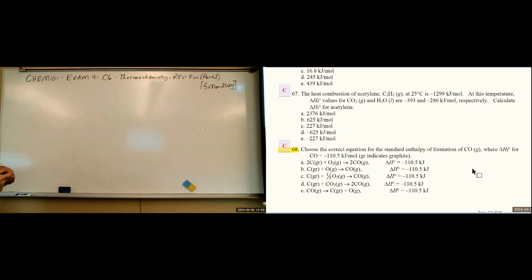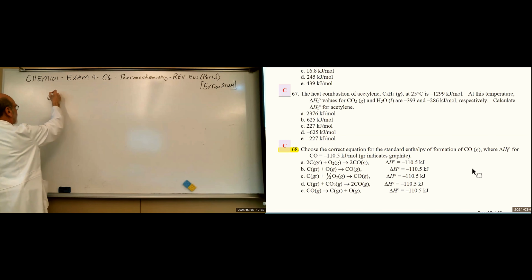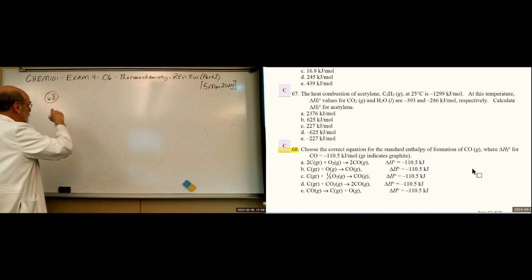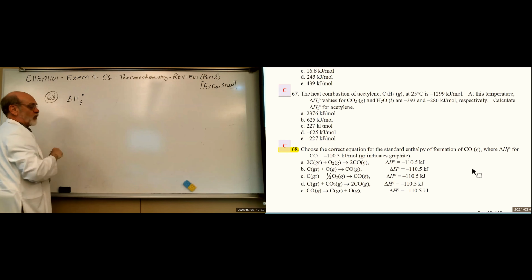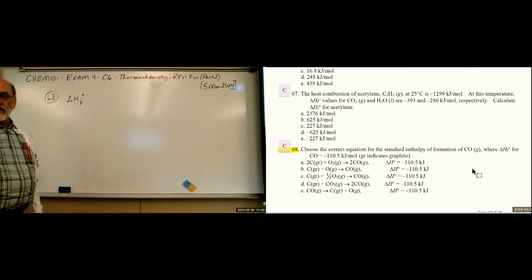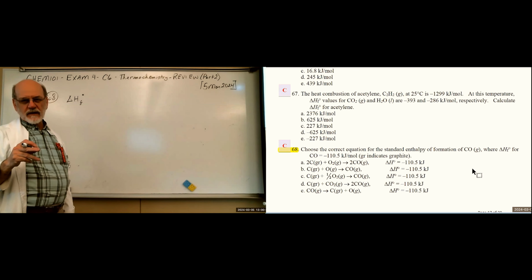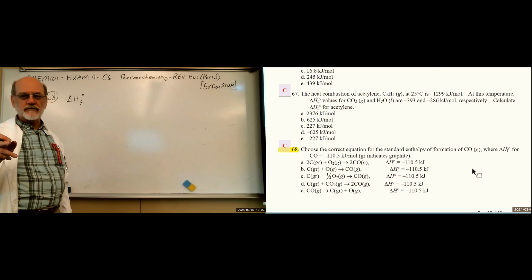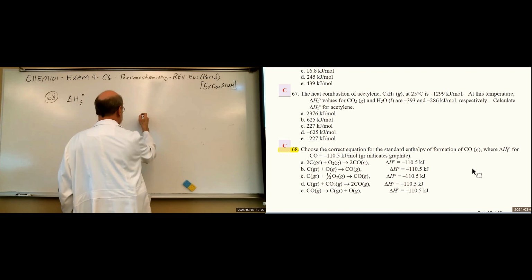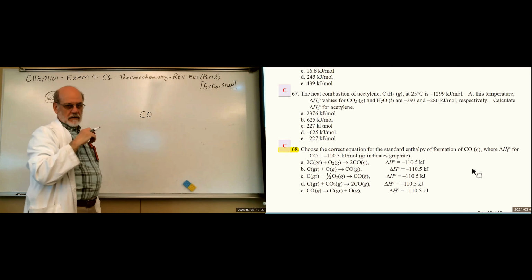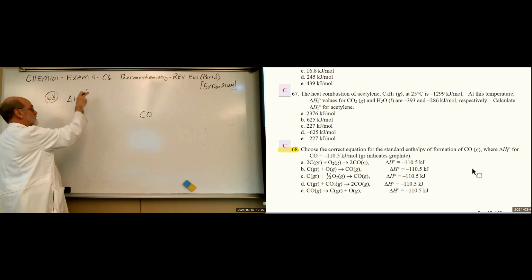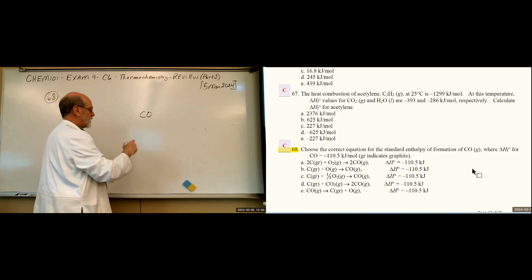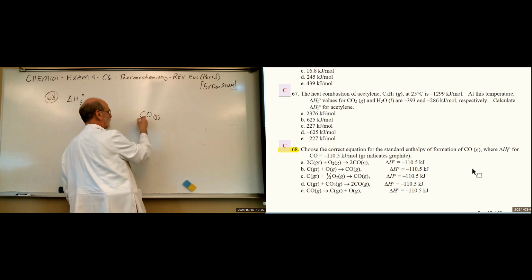Okay, 68. When you're asked for the standard enthalpy of formation, you start with the product. The correct equation, standard enthalpy of formation for carbon monoxide. So you start from here in its standard form at standard temperature and pressure, 25 degrees Celsius, 1 atmosphere. It will be a gas.